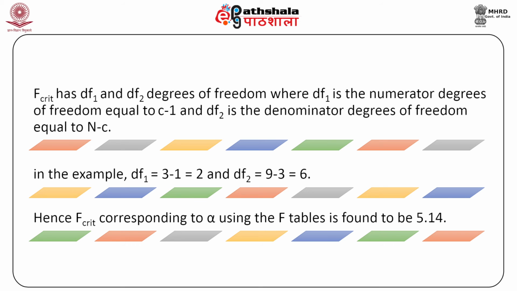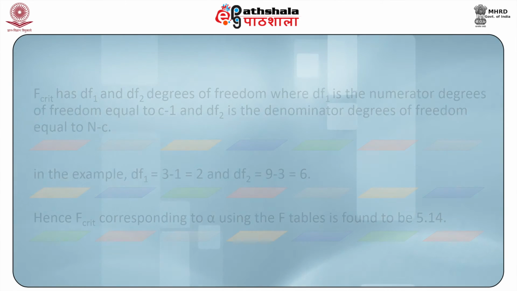In the example, df1 is equal to 3 minus 1, that is 2, and df2 is equal to 9 minus 3, that is equal to 6. Hence, F critical corresponding to alpha using the F tables is found to be 5.14.